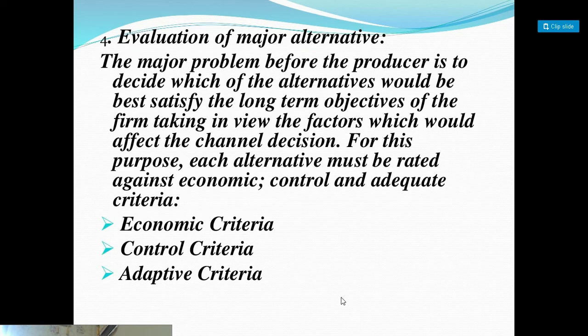What is happening in the evaluation? Evaluation is checking. They have to check how much finance has been utilized, how much control there is, whether a proper control system is there or not, whether adaptivity is there, and whether implementation is taking place or not. All these things come from the evaluation of major alternatives.